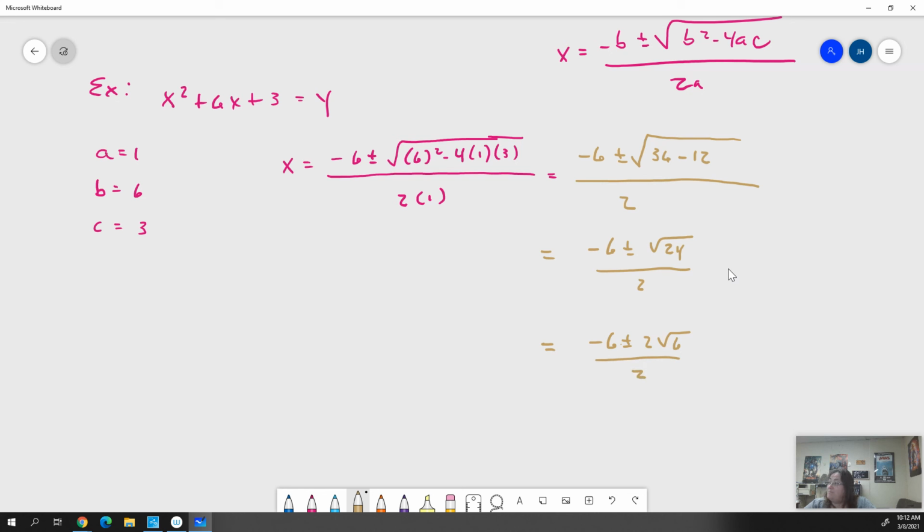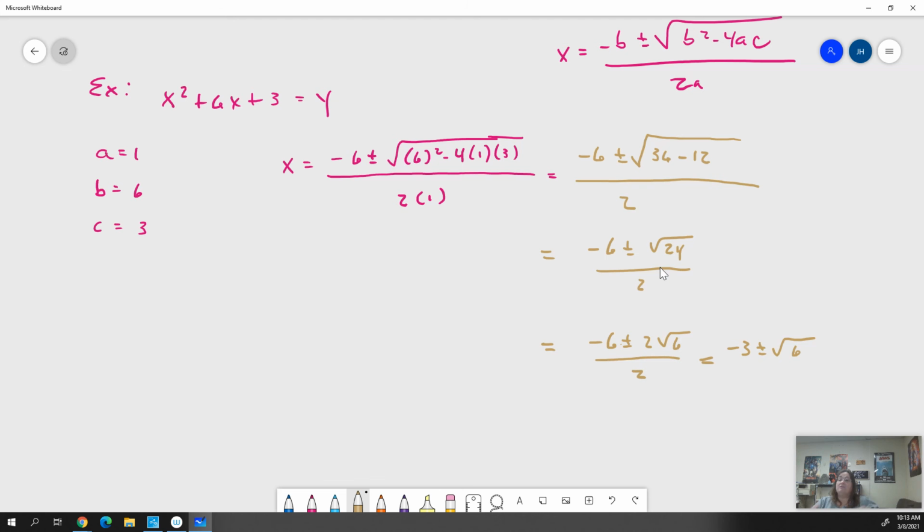If you don't get to this part right away, but you do have this part, your answer is still going to be pretty valid, right? This is all divisible by 2. I get minus 3 plus or minus the square root of 6.